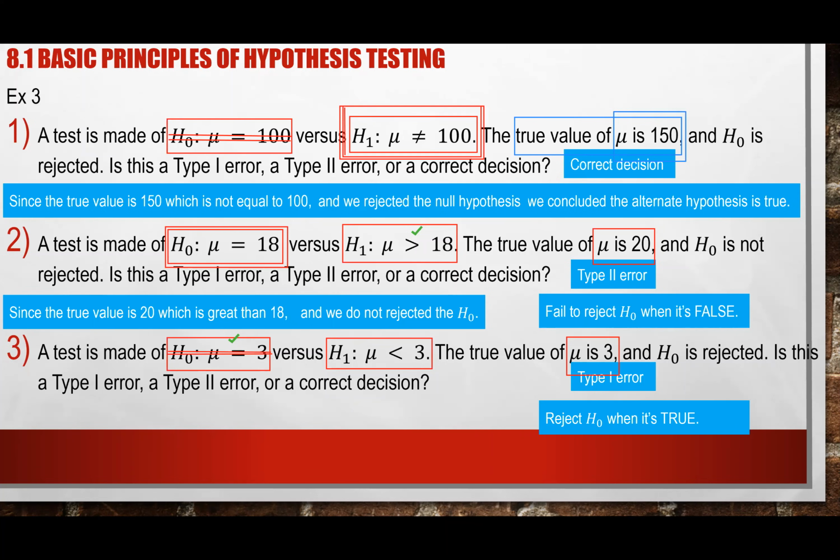And one thing, ladies and gentlemen, in 8.1, we haven't done any calculation. The idea of 8.1 is to show you how hypothesis testing works. At the beginning, you have to state the H0 and H1, and in the end you have to come up with a conclusion, which is you either reject H0 or fail to reject H0.